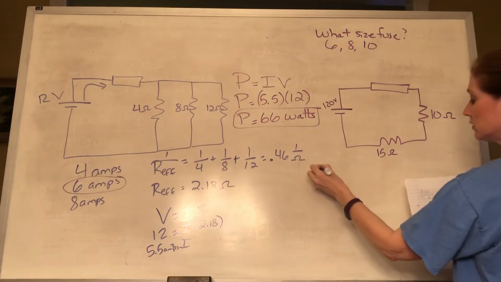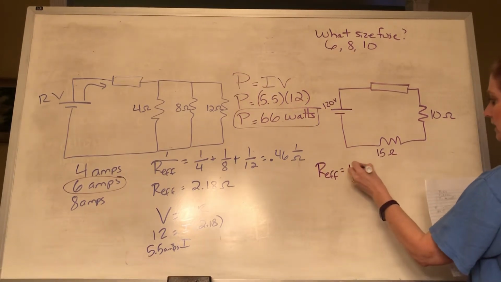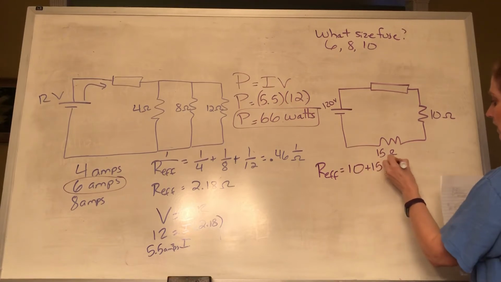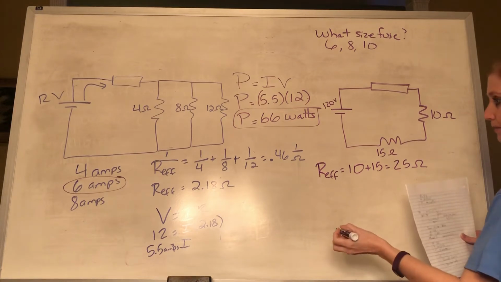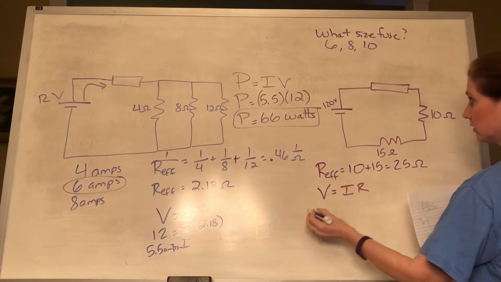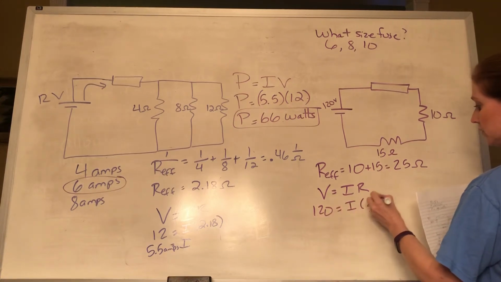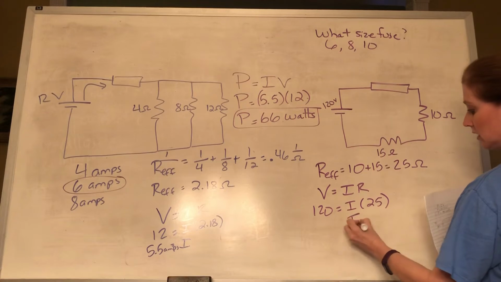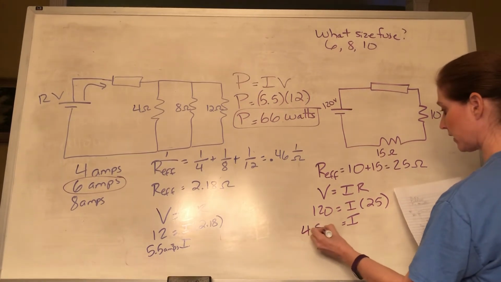Alright, so we need to find our R effective, which will be 10 plus 15, which is 25 ohms. Then V equals IR, so 120 equals I times 25, and the amps is going to be 4.8.